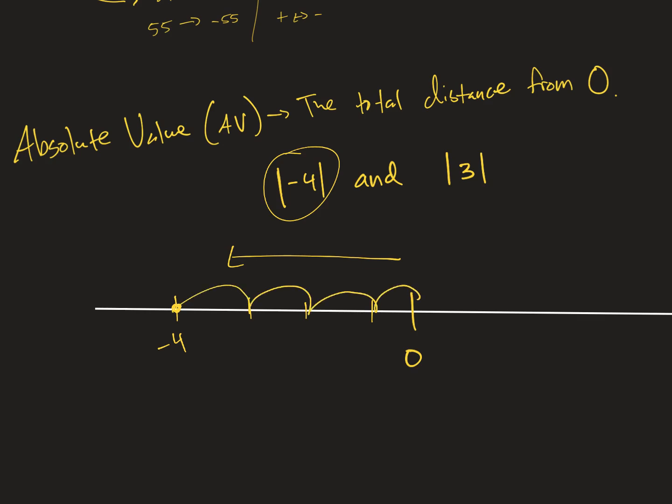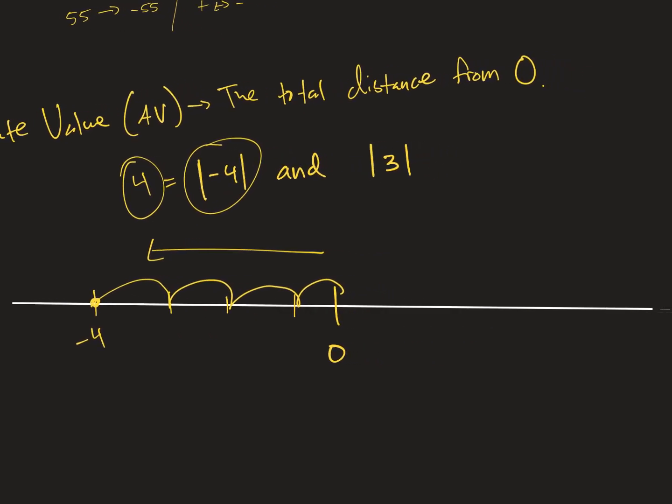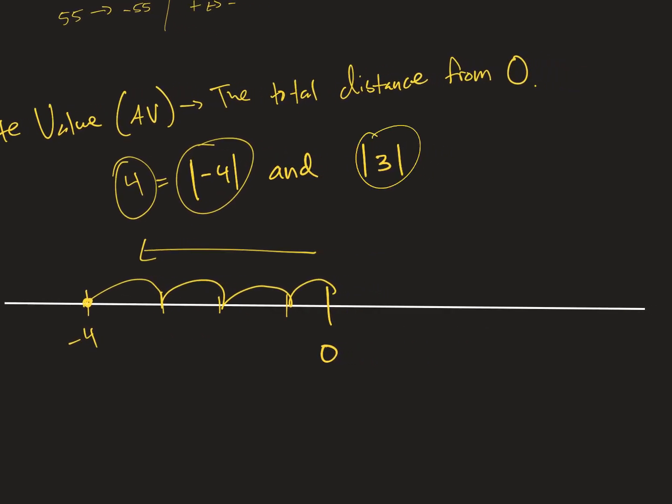So the total distance, or the absolute value of -4, is going to be equal to 4, because it is 4 place values, or 4 equal distances from -4 to 0. If I have 3, and if I plotted my points, I'll do this in green. So I have 1, 2, 3. So this would be +3.